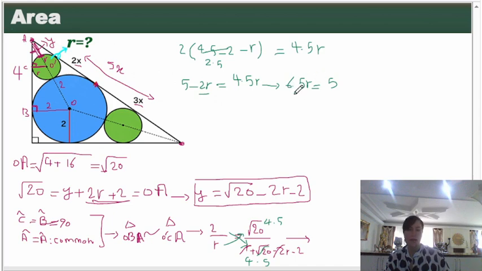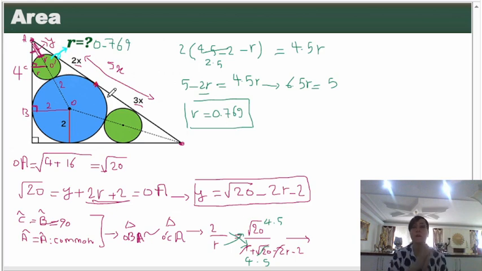Dividing both sides by 6.5, I will have R equals 0.769. It's the value that I find for R. So the radius here is 0.769.